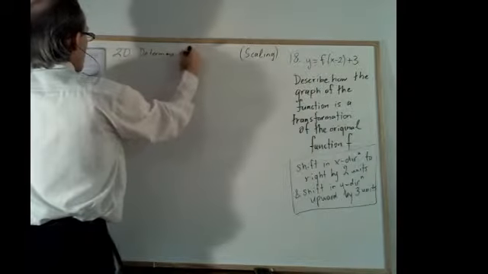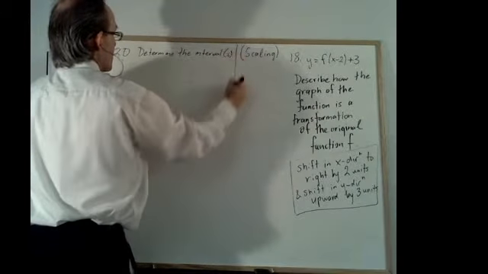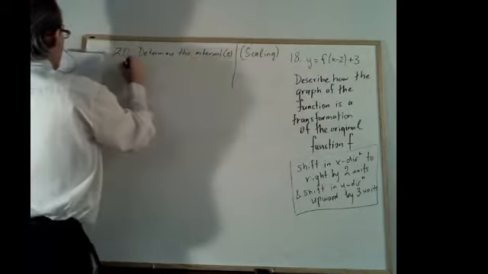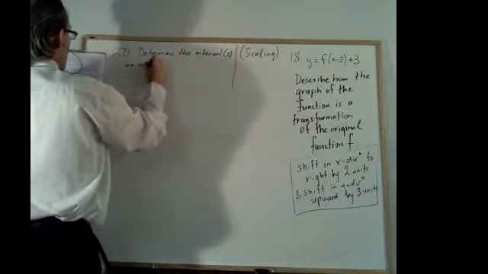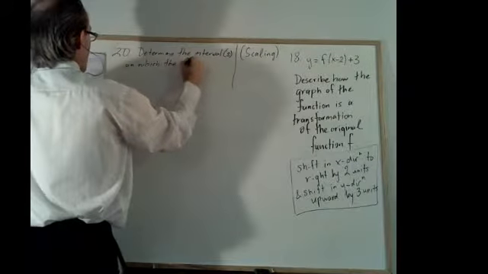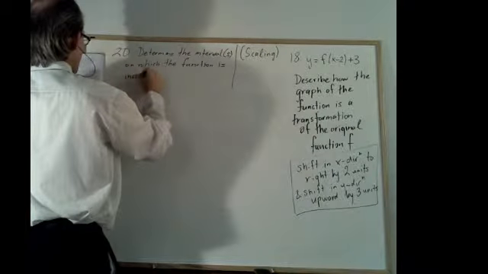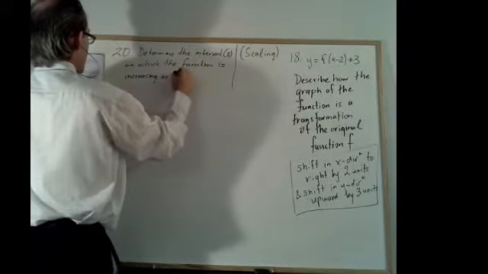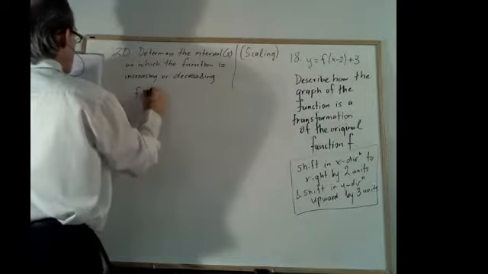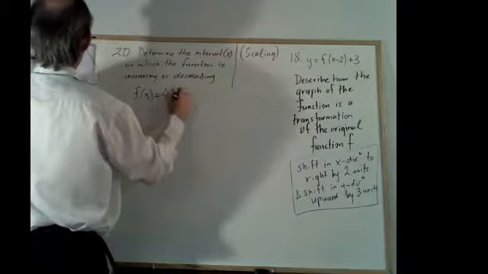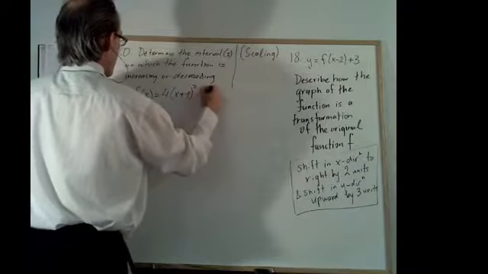Determine the interval or intervals on which the function is increasing or decreasing. F of x is equal to 4 times x plus 1 squared minus 5.